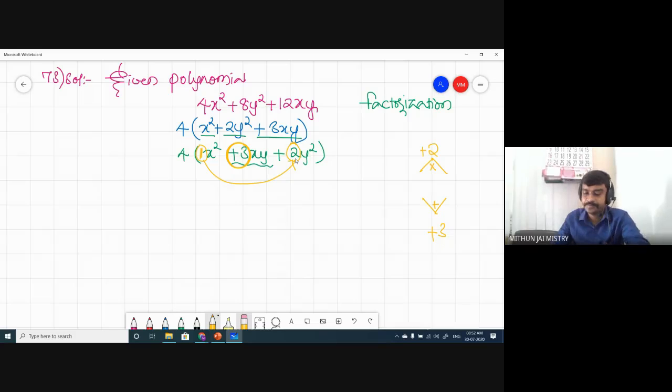Now, see beta, now the important thing. You have to search now 2 numbers. When you multiply the 2 numbers, you should get 2. And when you add the two numbers, you should get 3. I repeat, I want two numbers now.